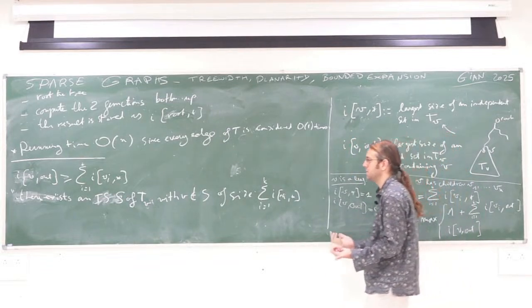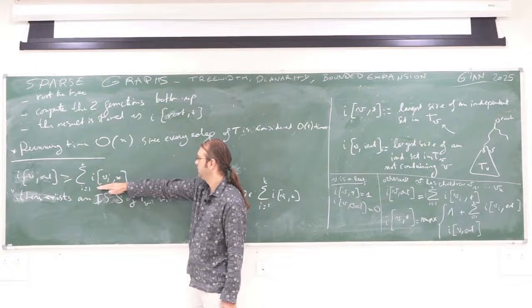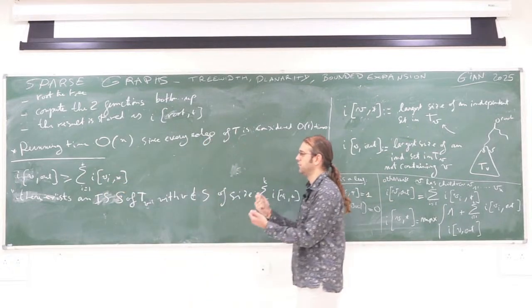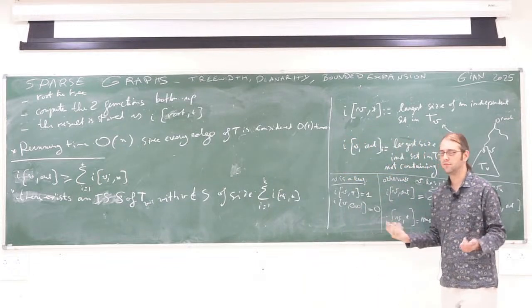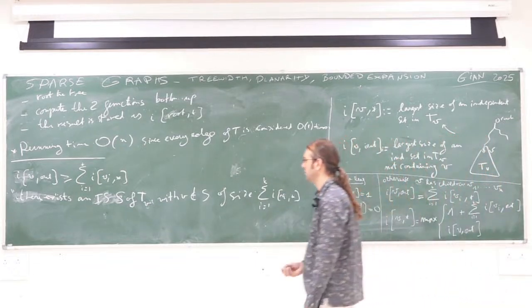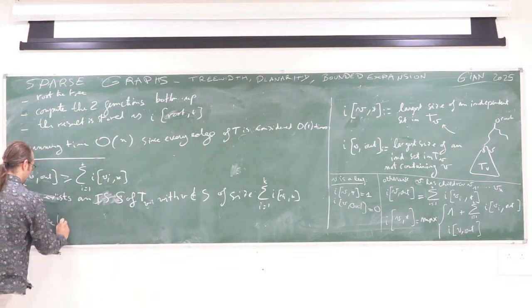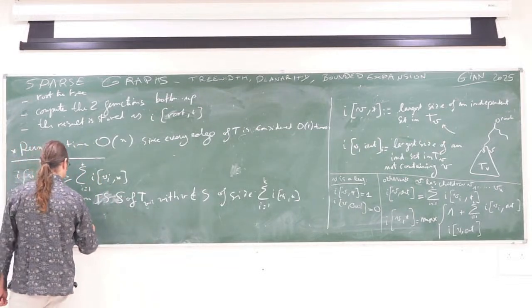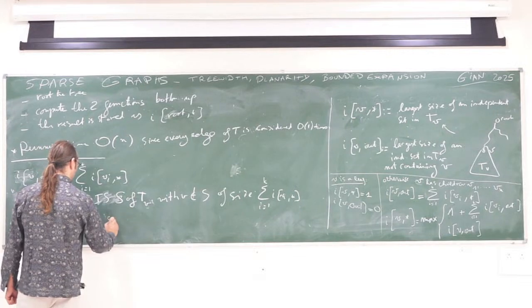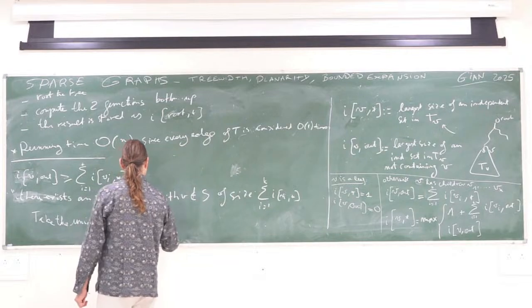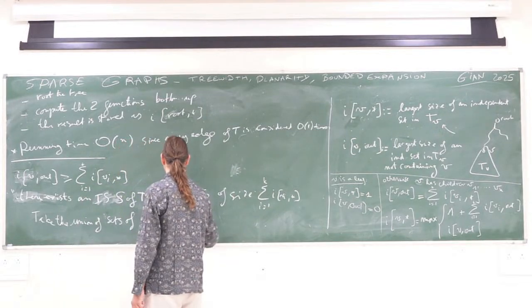We know there exists an independent set of child number 1, for example, of this size, and for child number 2, etc. So I just take the union, and this is an independent set.